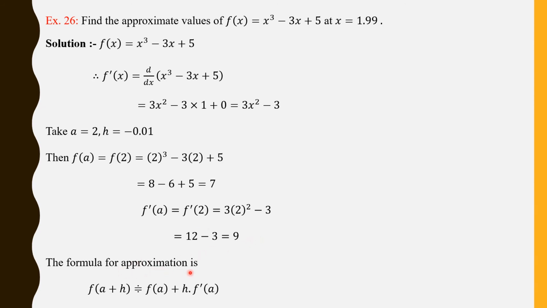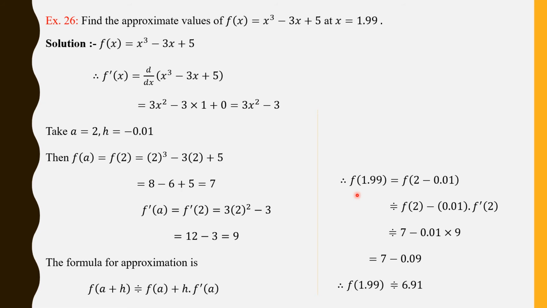The formula for approximation is f(a + h) = f(a) + h·f'(a). Therefore, f(1.99) = f(2 - 0.01). Putting the values in this formula, f(2) - 0.01 into f'(2). The value of f(2) is 7, minus 0.01, the value of f'(2) is 9.